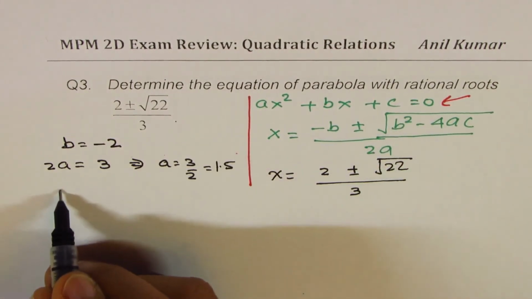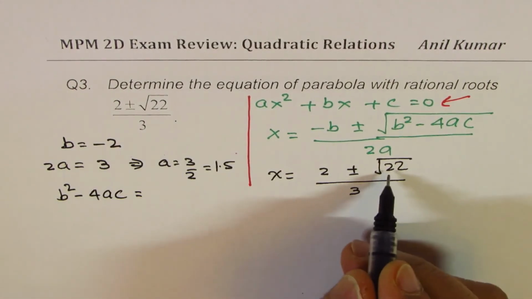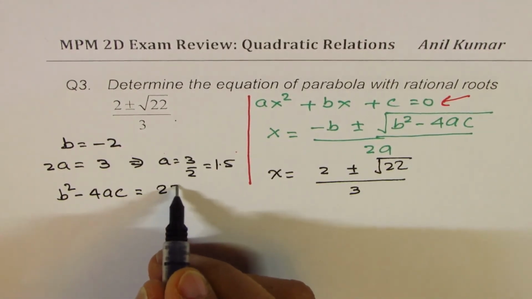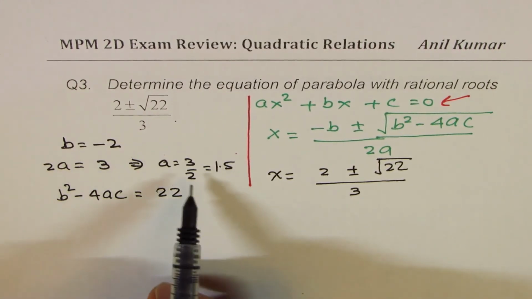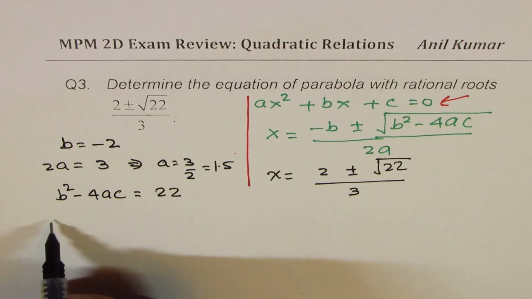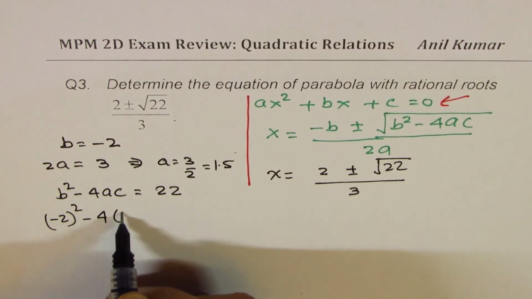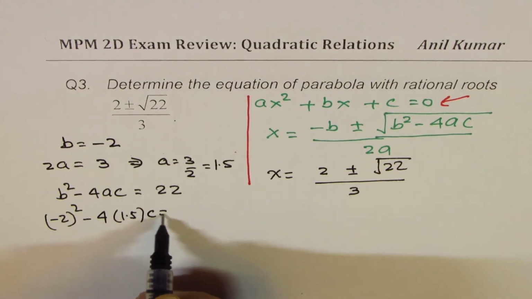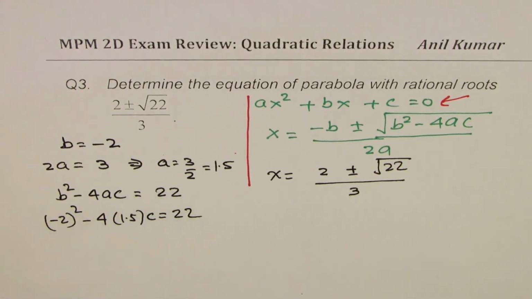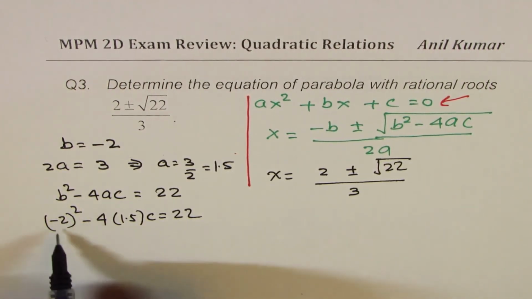Okay. How do we get c? Within the square root, we have b square minus 4ac, and that should be equal to 22, right? Since we know what b is and what a is, we can find c. Let us substitute b as minus 2 and a as 1.5 and calculate what c is in this equation. Perfect. So let's rearrange. So what we get here is, this is 4, right?